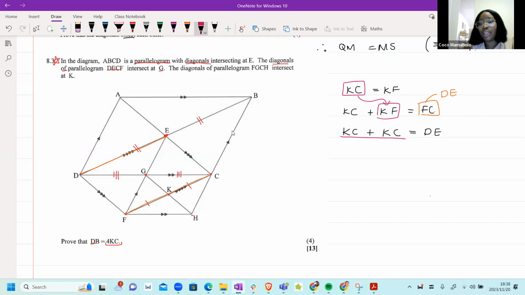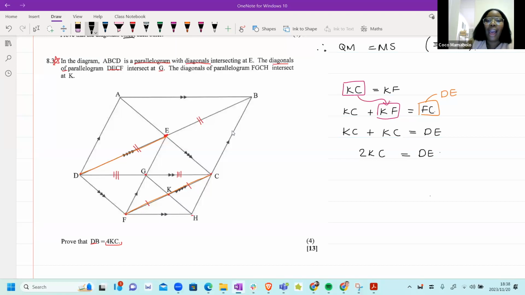Add this up for me. What is KC plus KC? Good. It's 2KC. That's it, Pascal. KC plus KC is 2KC. So 2KC is equal to DE.